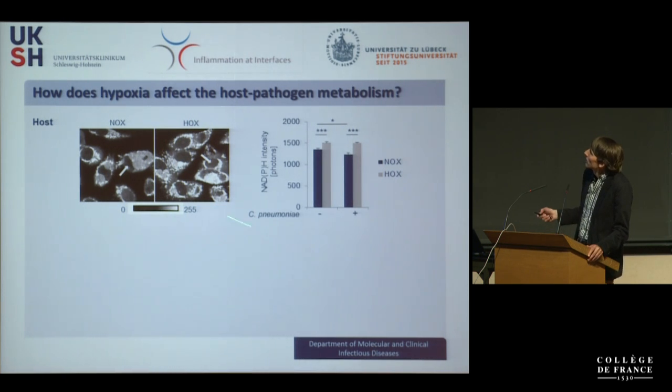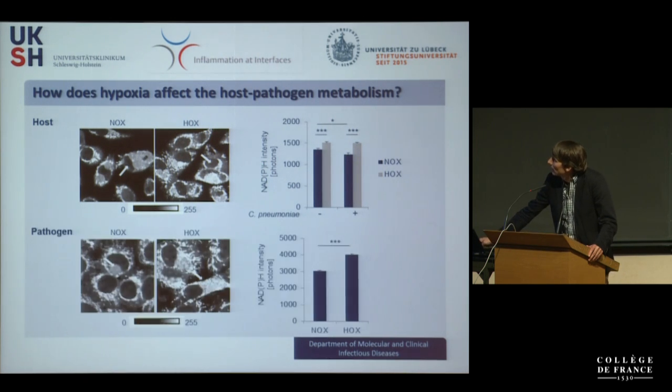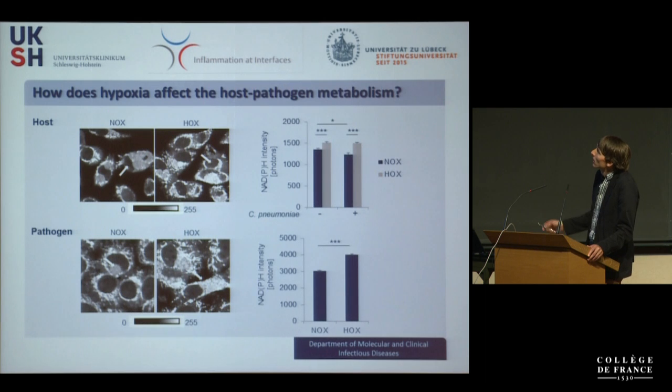So, looking now at what comes from the host and what comes from the pathogen, we applied two-photon microscopy again. Because if you have an infected cell, you have to look in the nucleus, since you can't see any cytoplasm anymore. What you can see is that in a hypoxic environment, the intensity of NADPH increases under hypoxia by itself, but there is no further increase on the host side upon infection with chlamydia.